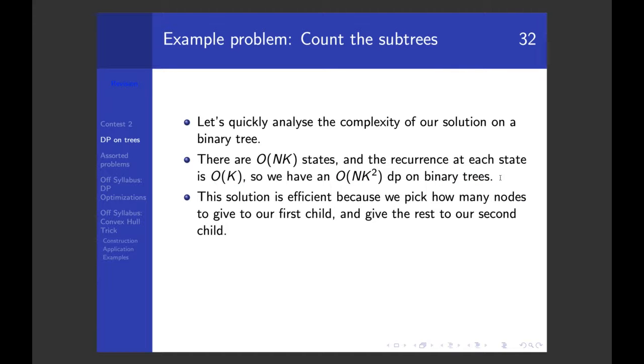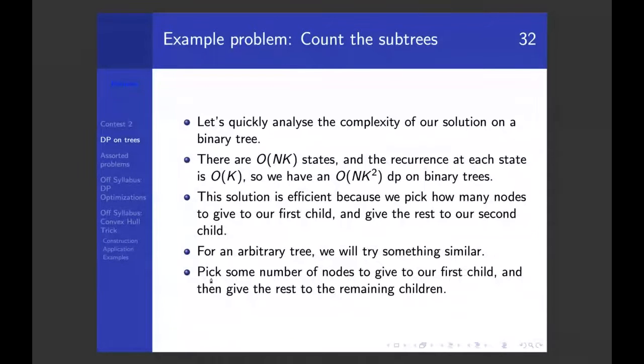The reason the solution is efficient is because we have k options of how many nodes to give to our first child, and then we just give the rest to our second child. For an arbitrary tree, let's try something different, something similar. This is the key point in this problem.